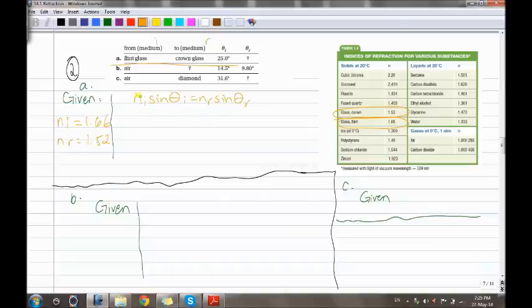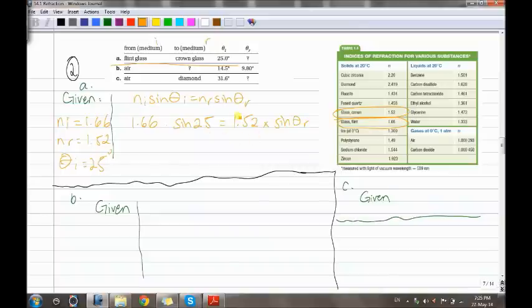The angle given here is the angle of incidence, which is 25 degrees. Now we have all the givens, and we have to find sine theta R, the angle of refraction. So we apply 1.66 times sine 25 equals 1.52 times sine theta R, which we need to find.